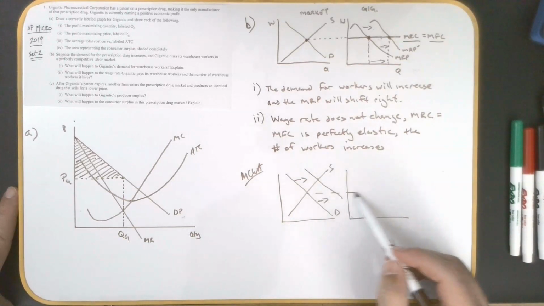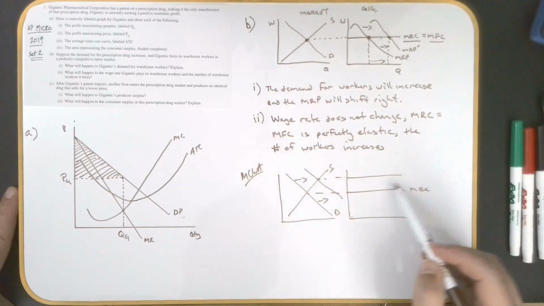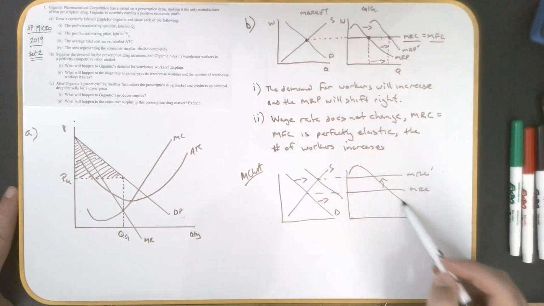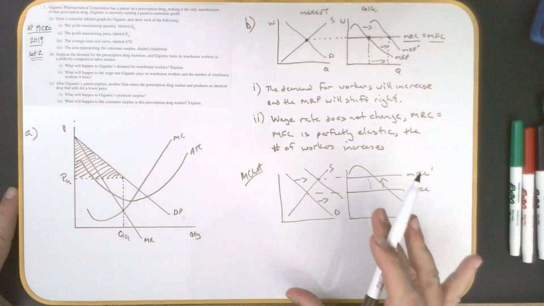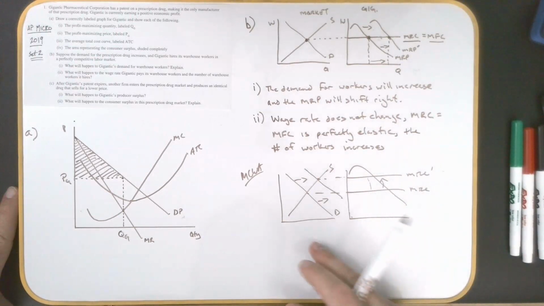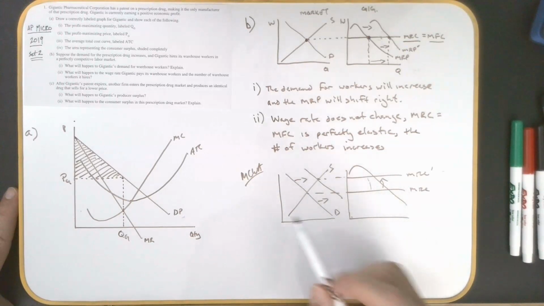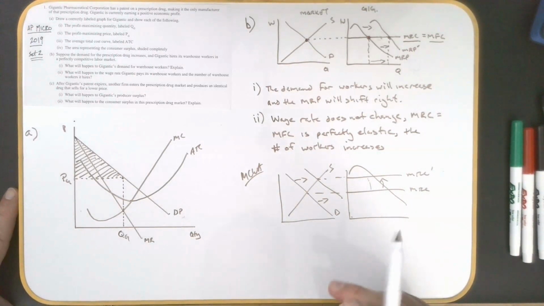And so what happened was they said, well, here was Mr. Carlson. Well, this increase in demand increased Mr. Carlson up here. And here was Mr. Carlson prime. And so they wound up thinking that the wage increased. And the misunderstanding here was, where was there an increase in demand for workers? It was not in the market. It was just at Gigantic Pharmaceutical. Okay, easy mistake to make on that one.